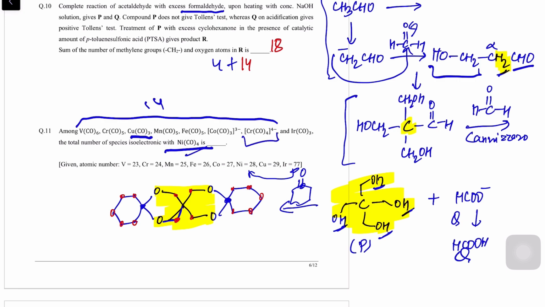Both Ni(CO)4 and Cr(CO)4 4 minus have 4 carbon monoxide. So we just need to check the number of electrons on the metal. The number of electrons on nickel is 28 and the number of electrons on chromium is 24. Its atomic number, and 4 minus, that is it has gained 4 electrons, that is 28. So there is only one complex that is isoelectronic with Ni(CO)4. The correct answer being 1.